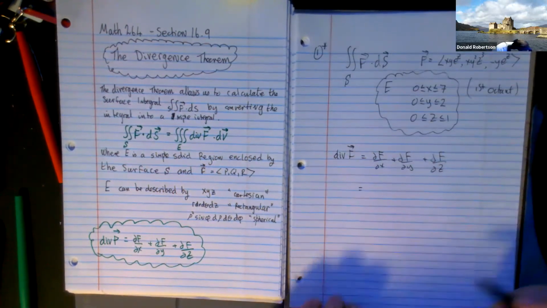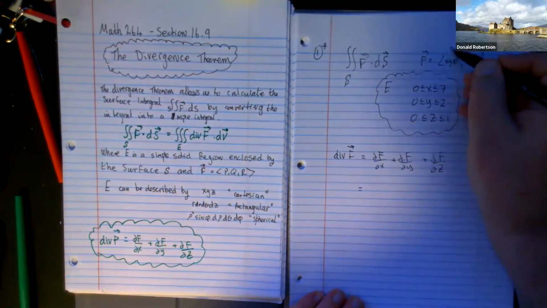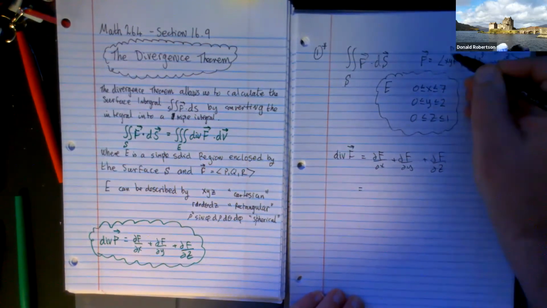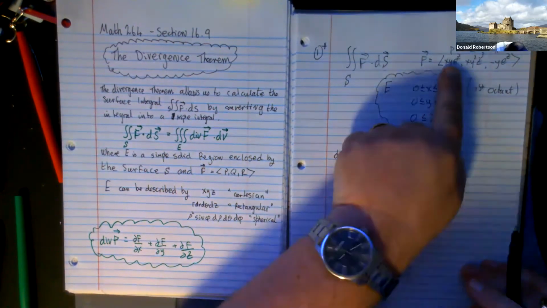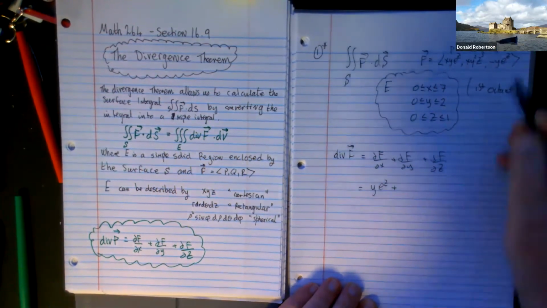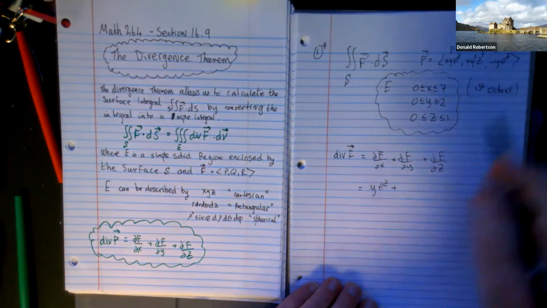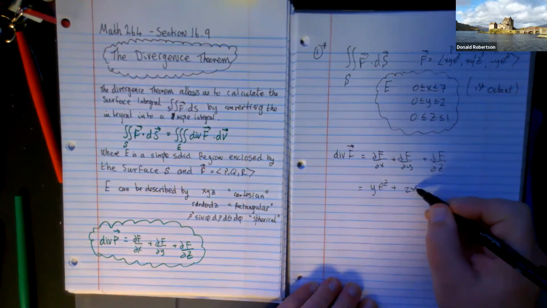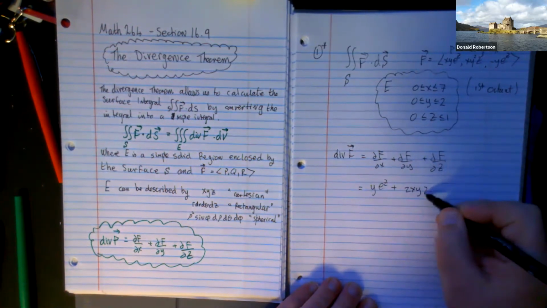Well, if you differentiate this, call the components P, Q, and R, right? If you take P and differentiate with respect to x, you get y e to the z. If you take the middle one and do it with respect to y, you get 2xy z cubed.